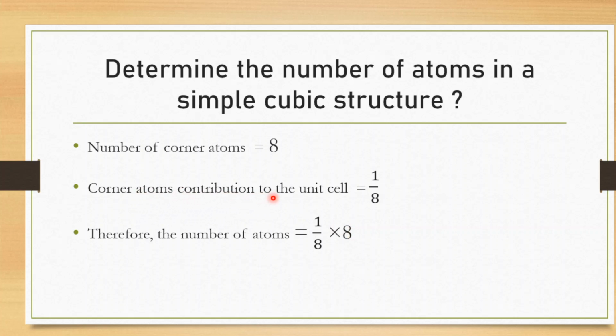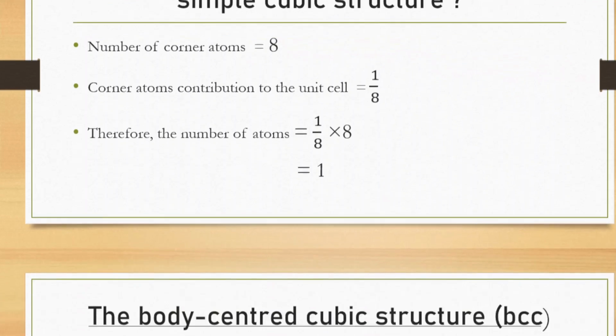Corner atom's contribution to the unit cell is 1/8, and there are 8 corner atoms, so 1/8 multiplied by 8 equals 1. So the answer is 1.